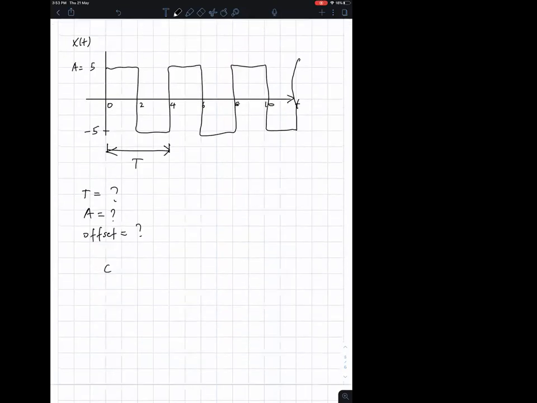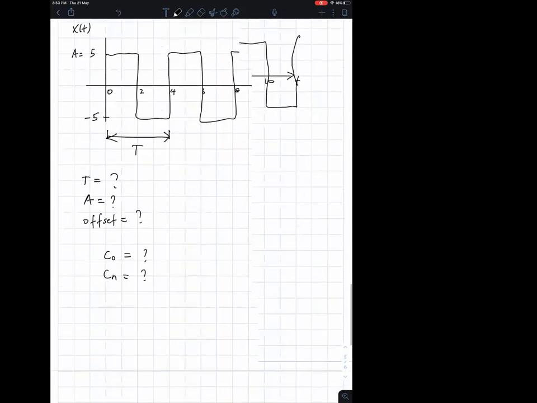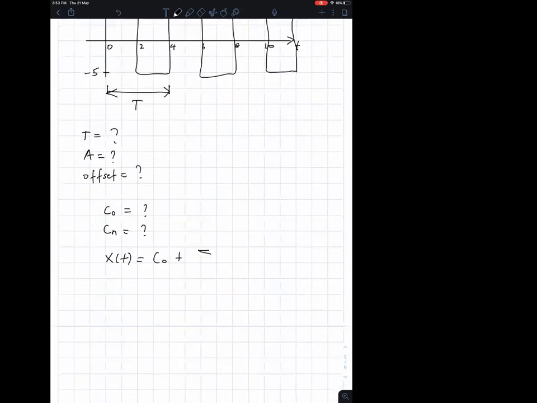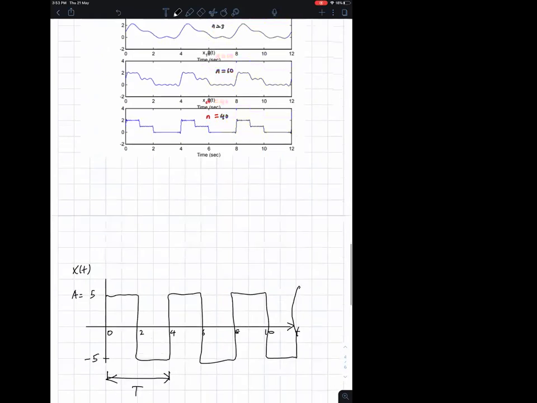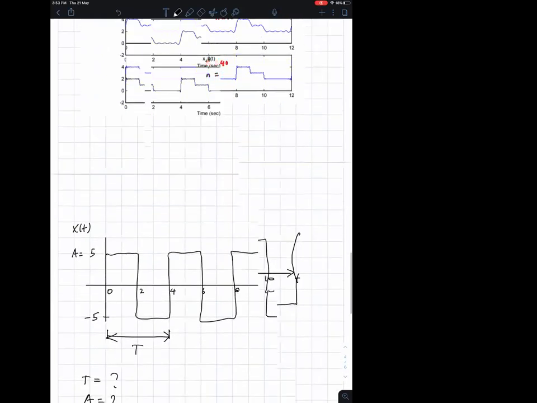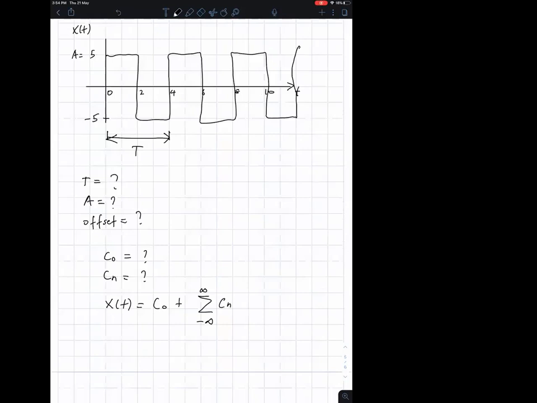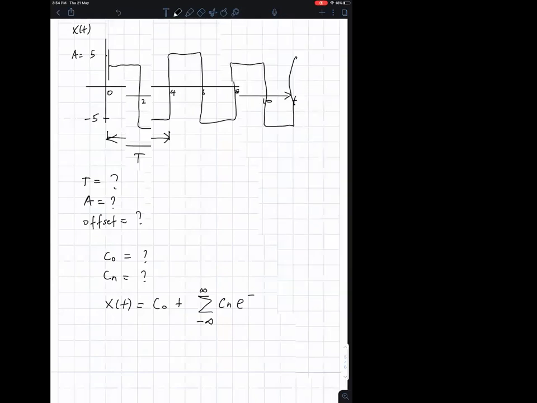After that you find C naught, and also find the Fourier series coefficients, and then write x(t) as C naught plus the sum from negative infinity to positive infinity of Cn, the Fourier coefficients, times e to the minus jn pi over 2.